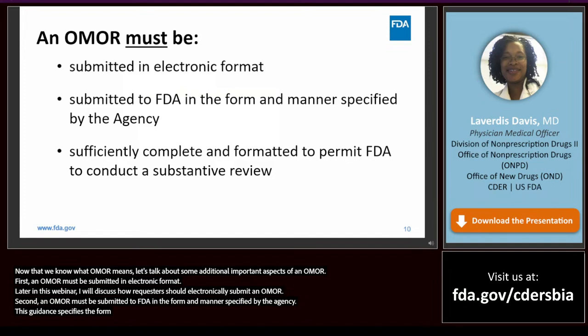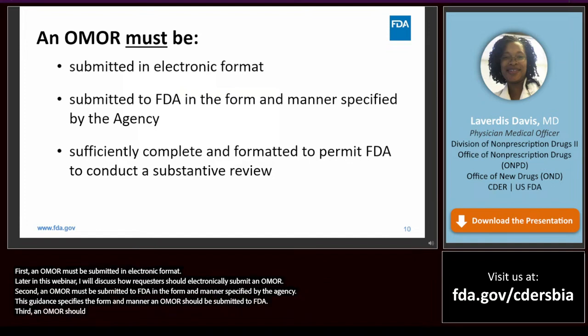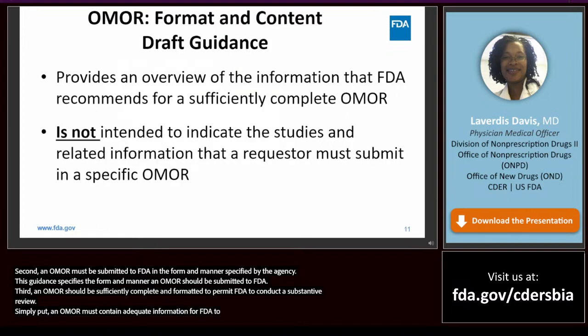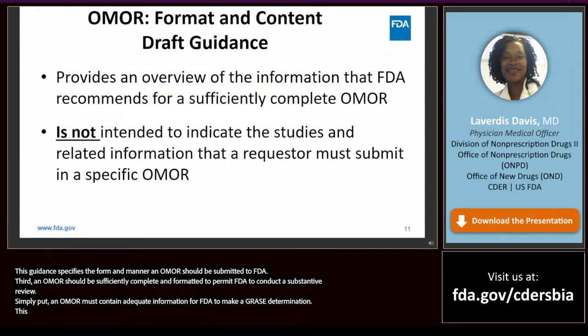Third, an OMOR must be sufficiently complete and formatted to permit FDA to conduct a substantive review. Simply put, an OMOR must contain adequate information for FDA to make a GRASE determination. This guidance provides an overview of the information that FDA may recommend for a sufficiently complete OMOR.